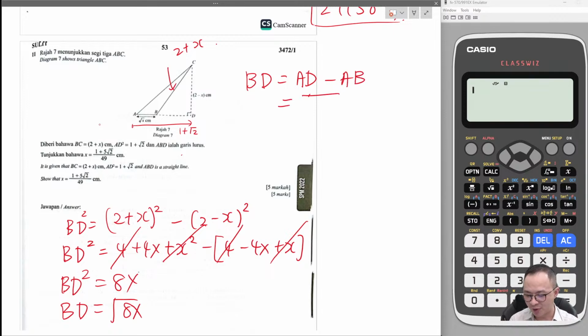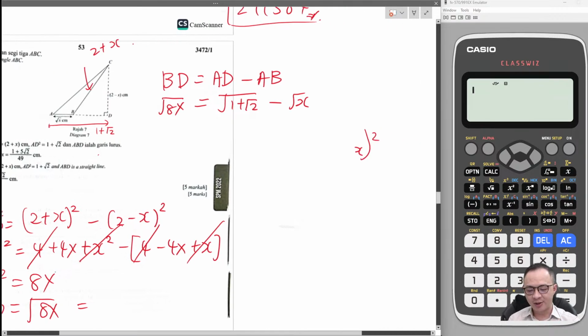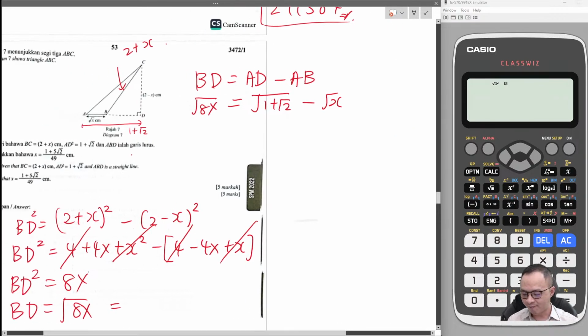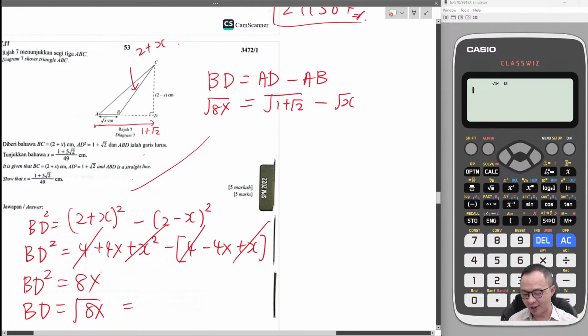So this one will be square root of 1 plus root 2 minus AB is square root of x. Equals to this one. If I simplify, I should get 2 root 2x, right? Oh no, never mind. Square root of 8x. Alright, so I want to solve this equation. I hope eventually I will get something like this.